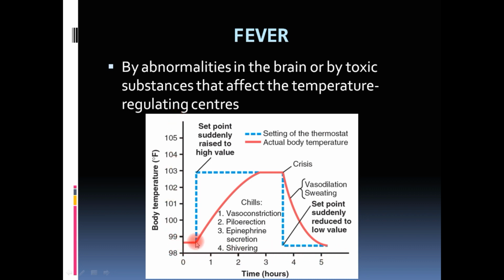Once, by any cause, let us say compression of the brain by a tumor or hemorrhage, or by toxic substances like lipopolysaccharides of bacterial toxins, or degradation products of the tissues, at first the set point temperature suddenly rises to a higher value. Previously it was at 98.8 degrees Fahrenheit, and suddenly the set point temperature changes because of those toxins to 103 degrees Fahrenheit.